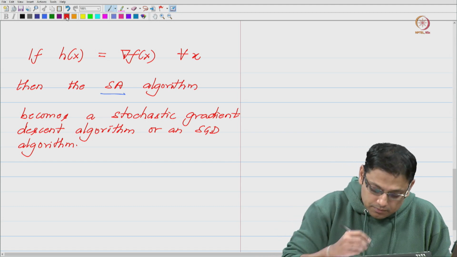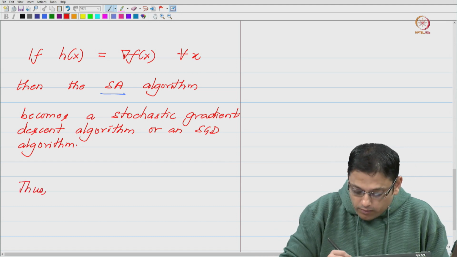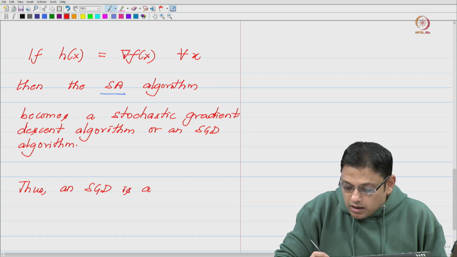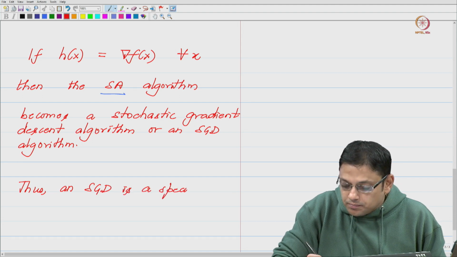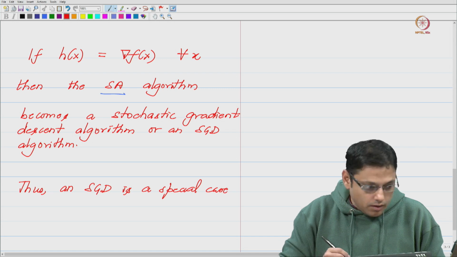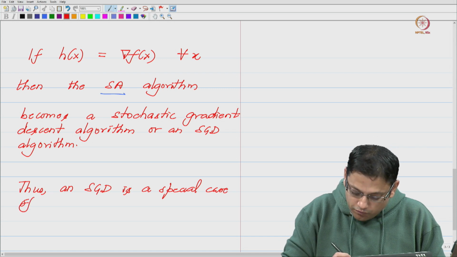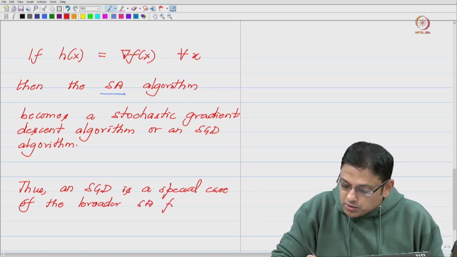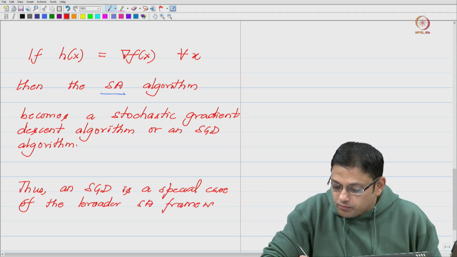Thus, SGD is a special case of the broader stochastic approximation framework.